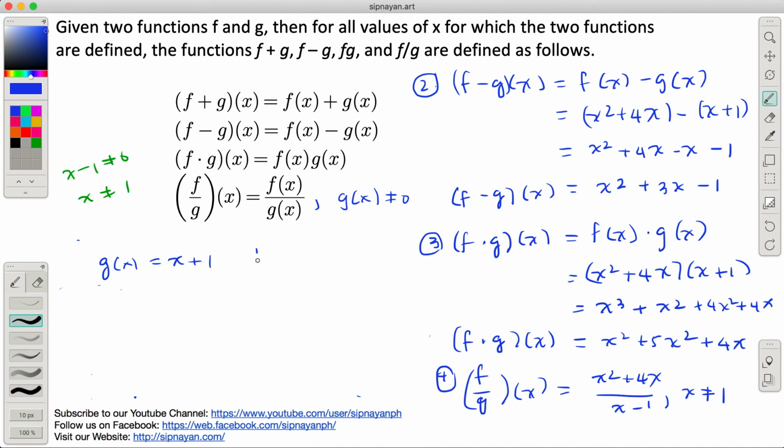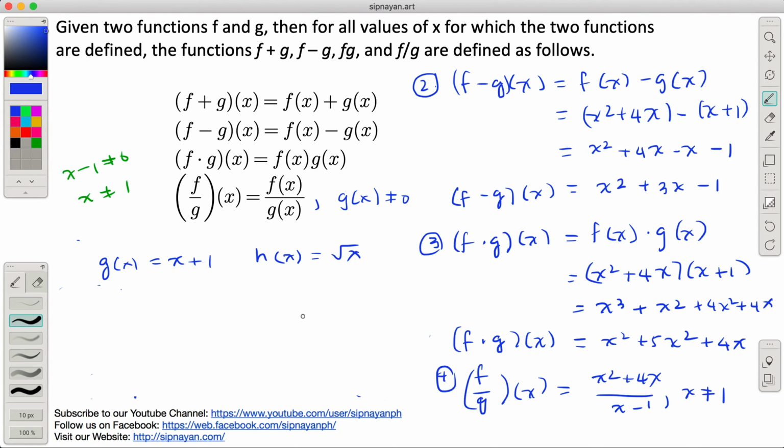Tapos, halimbawa, meron tayong another function such as h of x equals square root of x. Pag nag-add tayo niyan, i-add lang natin yung expressions, pero magbabago yung domain natin. Ang domain nito is set of real numbers. Ang domain nito ay greater than or equal to 0. Hindi sila pareho ng domain sa dalawang functions.